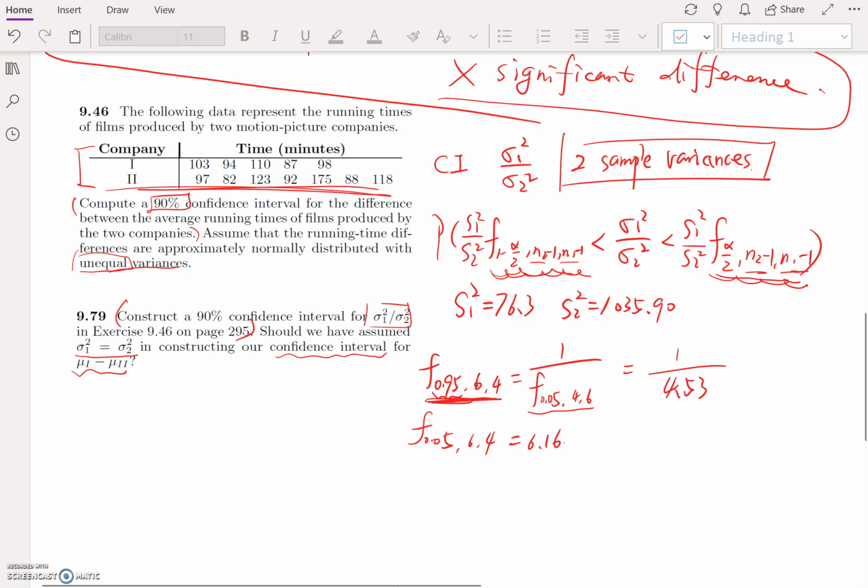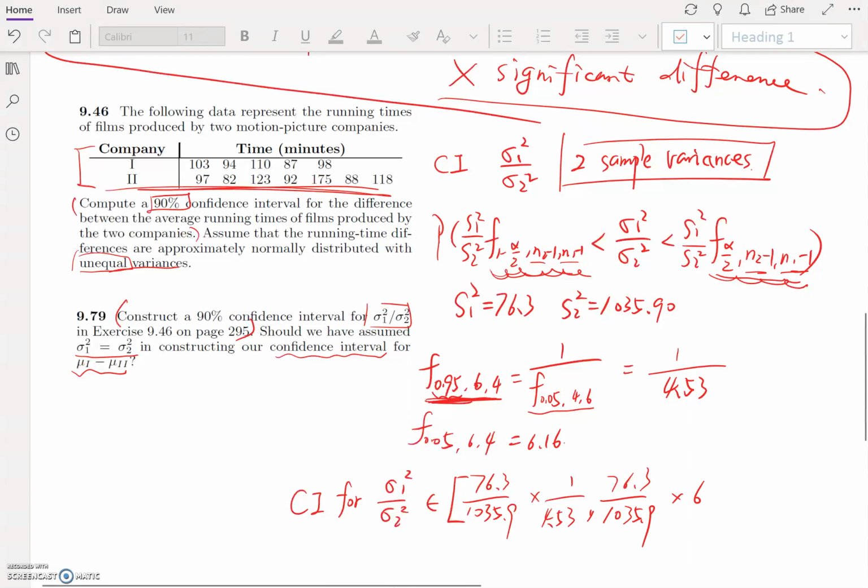So we can get the confidence interval for sigma 1 squared divided by sigma 2 squared here. This is 76.3 over 1035.9 times 1 over 4.53, then the same 76.3 over 1035.9 times 6.16.